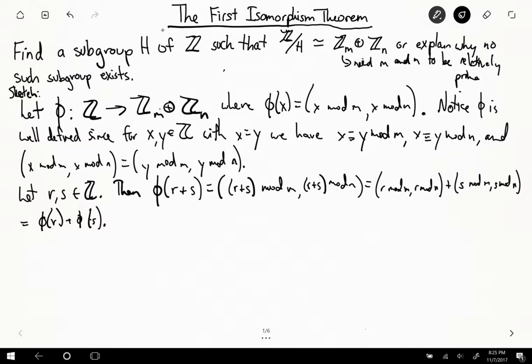Well, then we have, therefore, phi is a homomorphism.